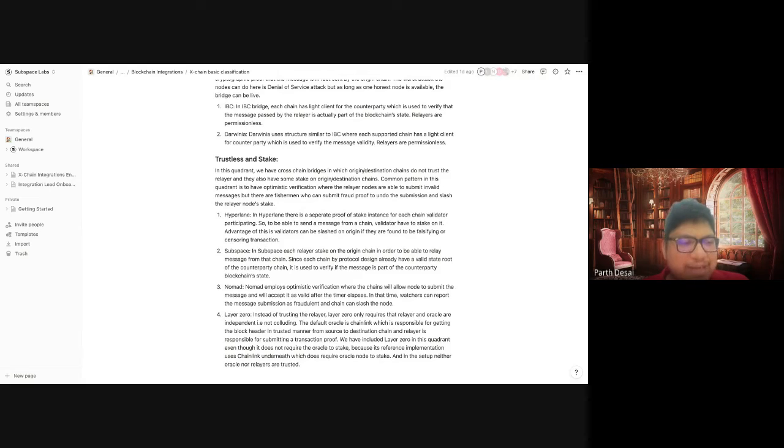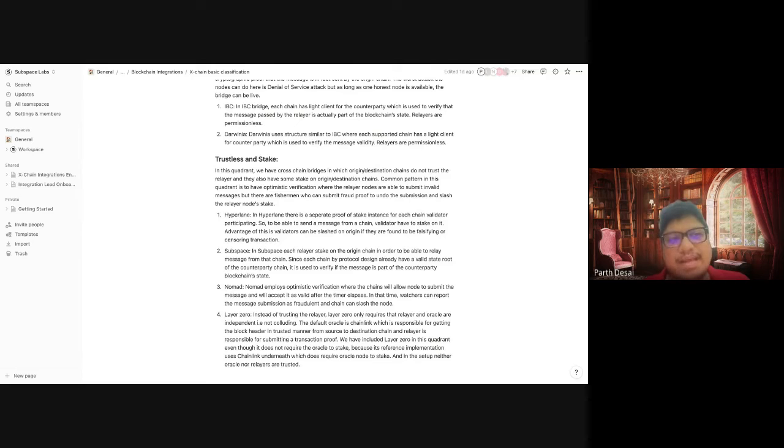So the relayer has stake for transmitting the data, and they are not trusted because the relayer has to submit the proof. It is not just given. In the case of Nomad, it uses optimistic verification where relayers have the stake on the chain from which they are submitting that message. Similar to Hyperlane, there are watchers that can submit the fraud proof, and the chain can slash the node.